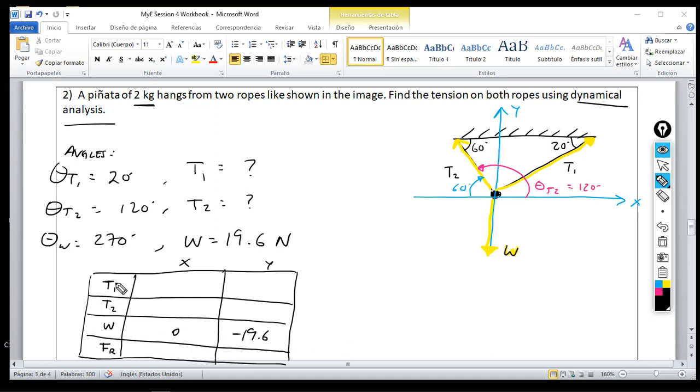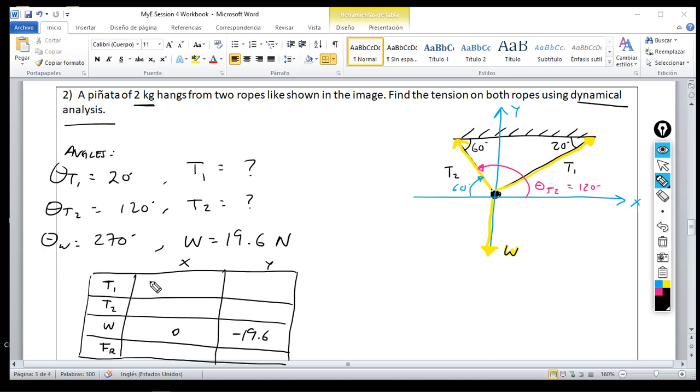Now T1x. In theory, you should have the magnitude of T1 in order to calculate T1x, because T1x is going to be the magnitude of T1 times the cosine of its angle. But you don't have the magnitude of T1. So what you do is you just express how much T1x would be.